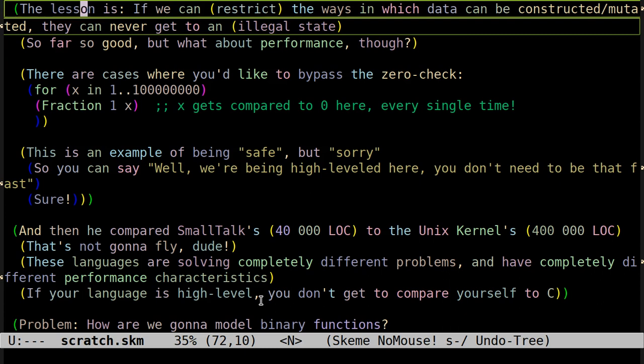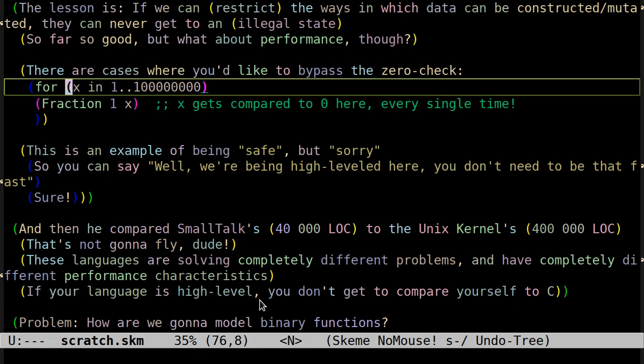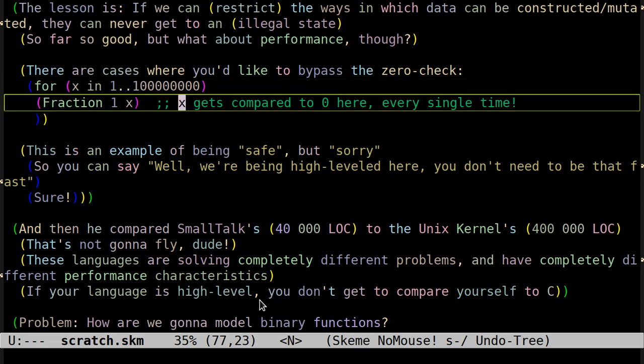So far so good, but what about performance? There are cases where you'd like to bypass the zero check. For example, a loop right here, looping x from 1 to like a million. You make a fraction with denominator x.